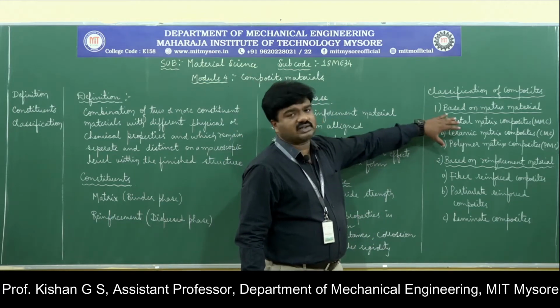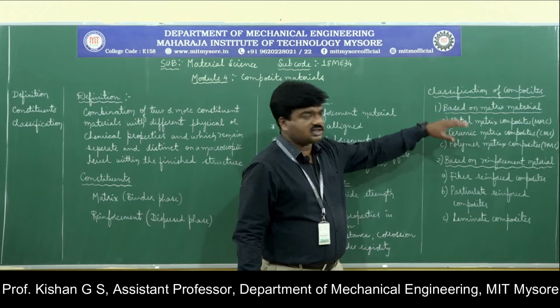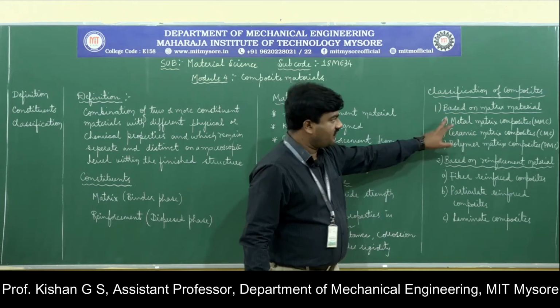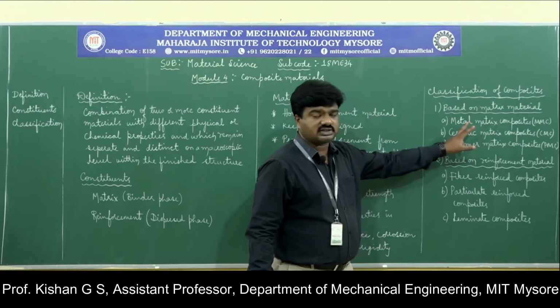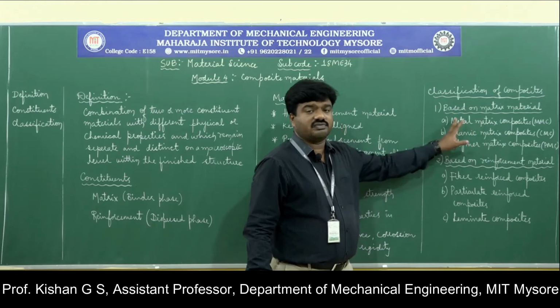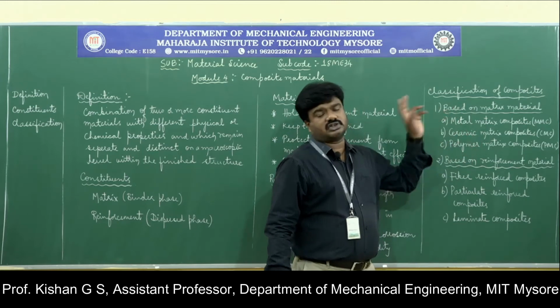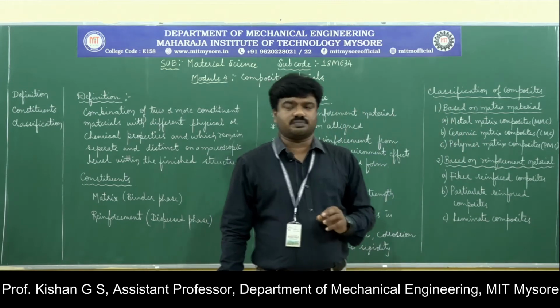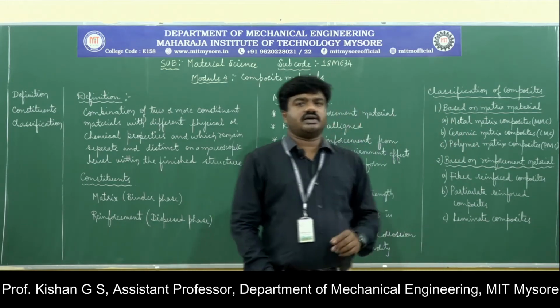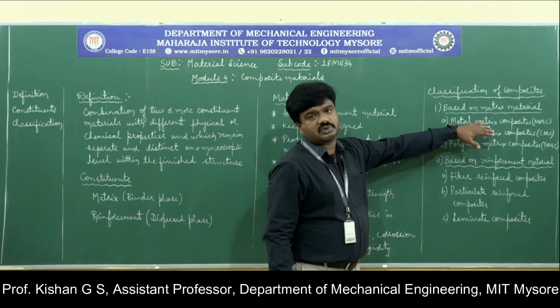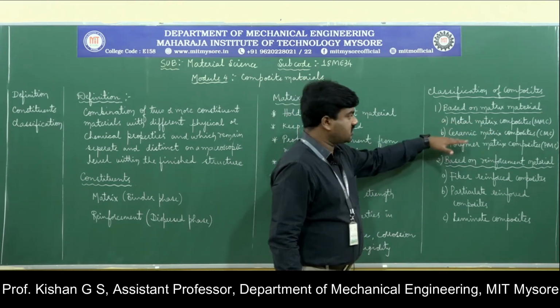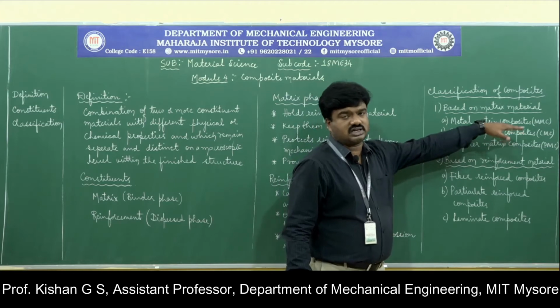First one being metal matrix composite. In this particular classification, if the material of matrix is made out of metal, which binds together the reinforcement phase, that type of composite is called metal matrix composite. As the name itself suggests, it is the matrix material which is made out of metal. Next comes ceramic matrix composite, CMC.